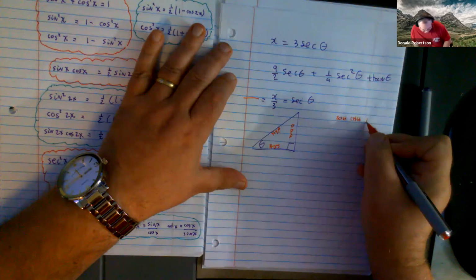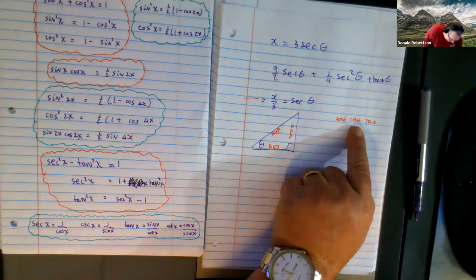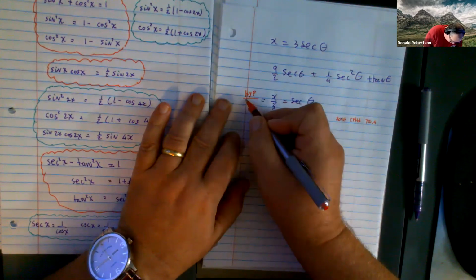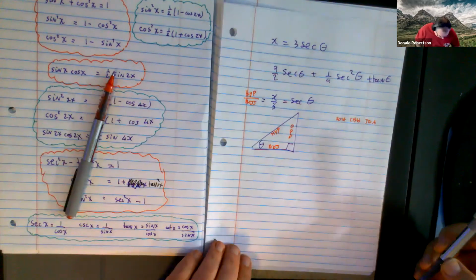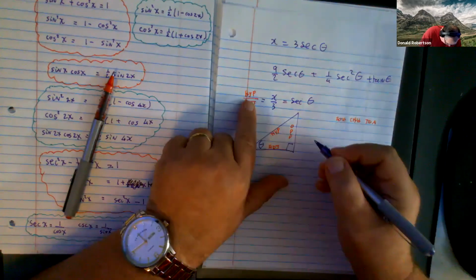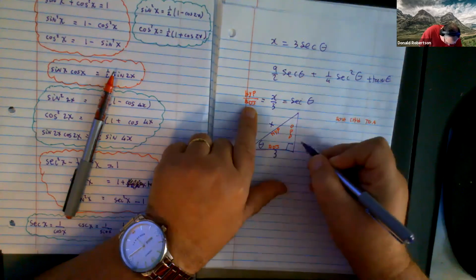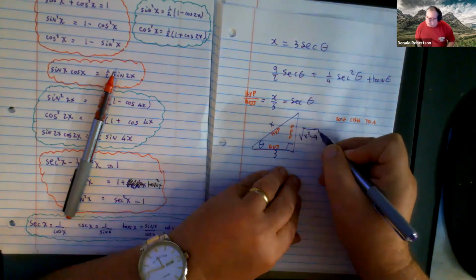But isn't a secant just an upside down cosine? So are we okay with me putting hypotenuse over adjacent, and you're happy from where they came from? So hypotenuse will be x, the adjacent will be 3, and this guy here will be the square root of x squared minus 9 that we were hoping to get.